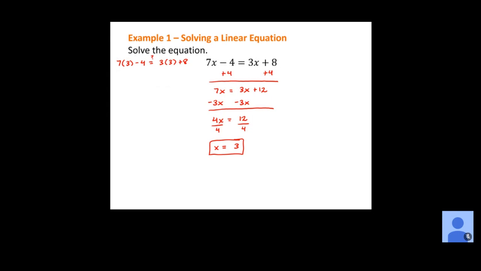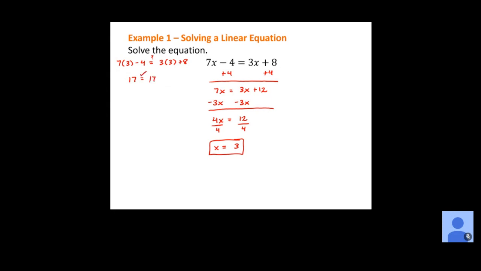21, and 21 minus 4. 17. Good. On the other side now, 3 times 3 is 9, and 9 plus 8 is 17.